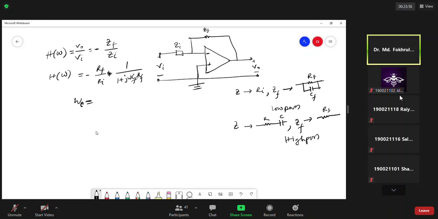At the corner frequency, what about the magnitude?